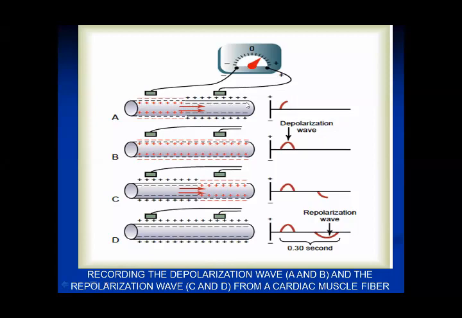So what we can see here is that on the outside of the cardiac fiber, where the two electrodes are attached, there is a difference in polarity. The first half is negative and the later half is positive.